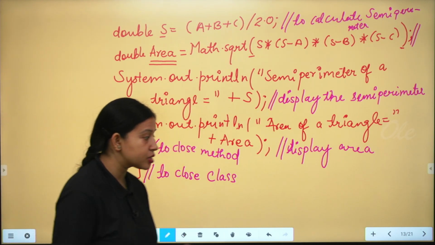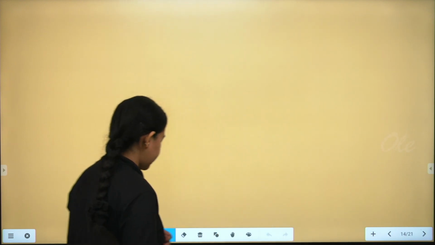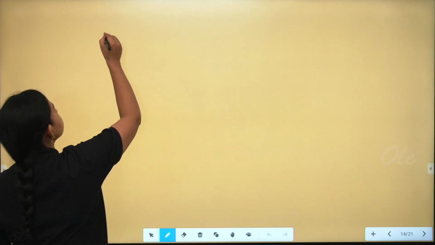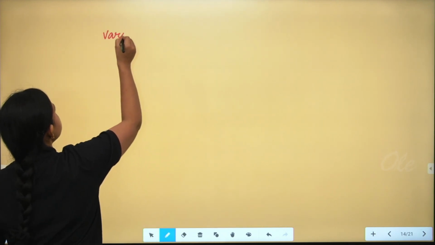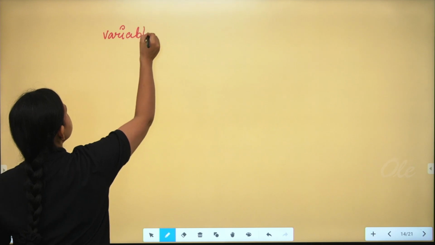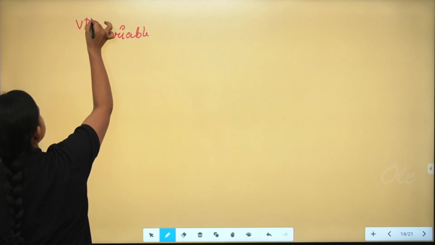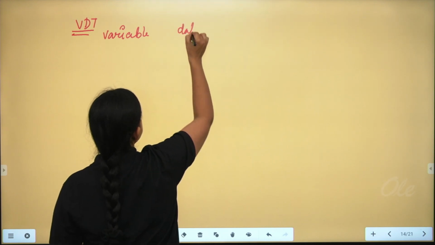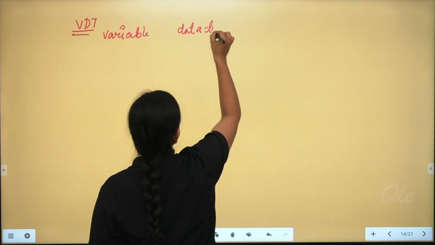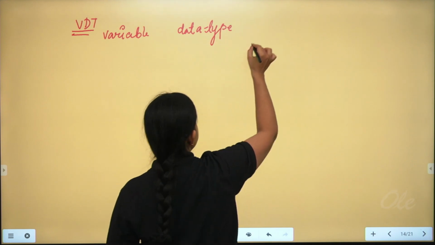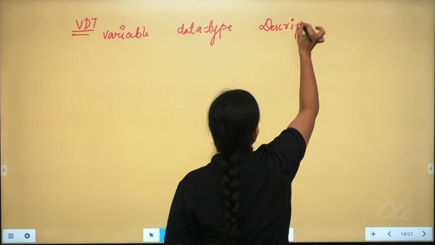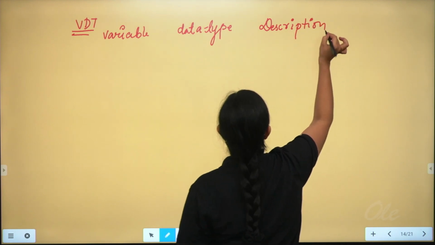So now at the last, what we generally do, we design a VDT. So without any further delay, let's design the VDT. Variable, data type, and the last, description or the purpose you can mention over here.